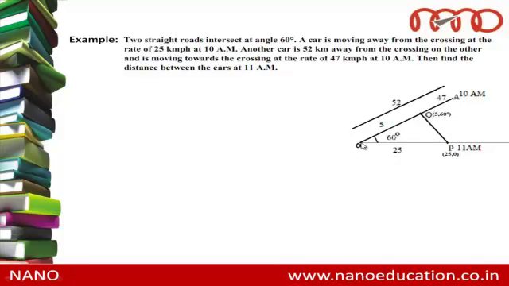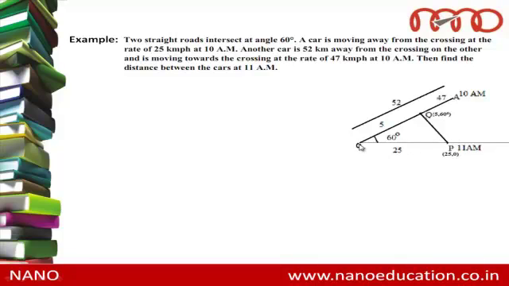The car which is at the origin is moving along the initial ray, and the car which is 52 kilometers away is moving along the line which is at 60 degrees to the initial ray, and the car is moving towards O. Now we have to observe the distance between the cars at 11 am.